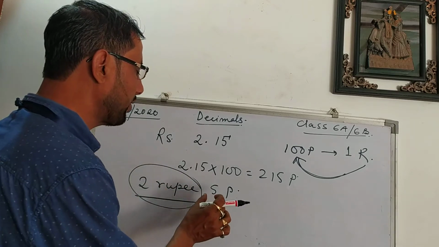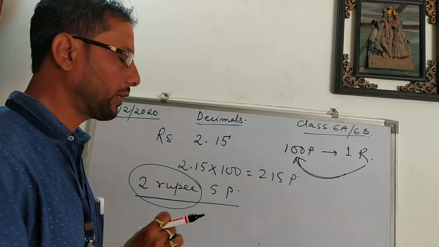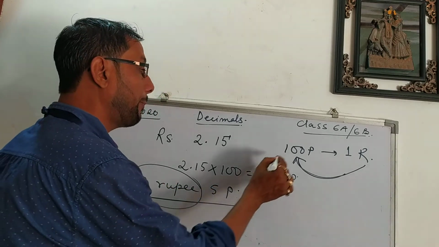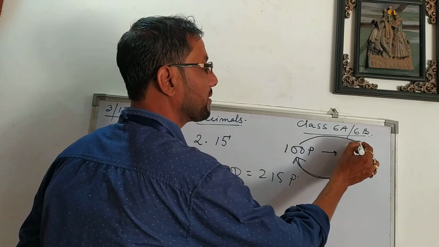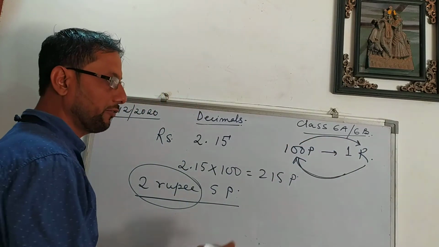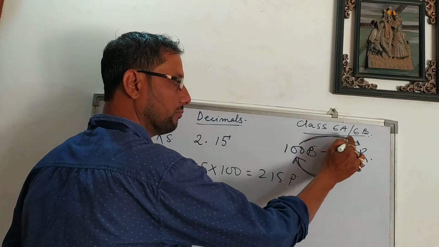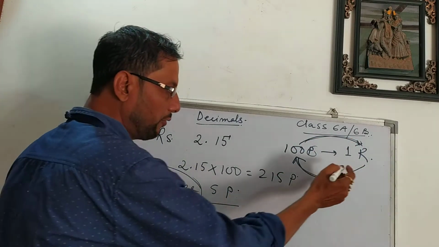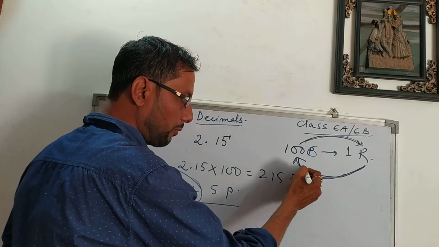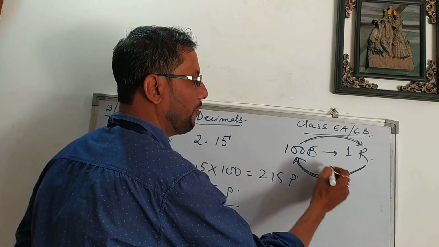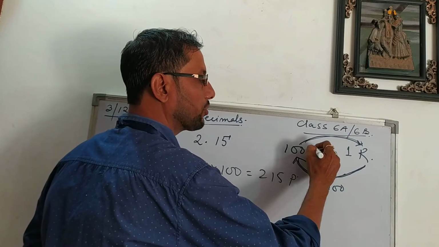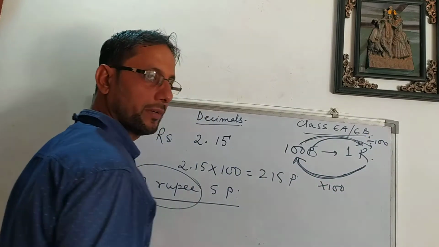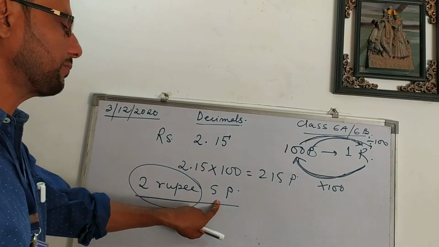I have to convert the paisa into rupees. That means I am converting a smaller unit to a greater unit. When you convert a greater unit to a smaller unit, we multiply by 100. When we convert a smaller unit to a greater unit, we divide by 100. Remember.